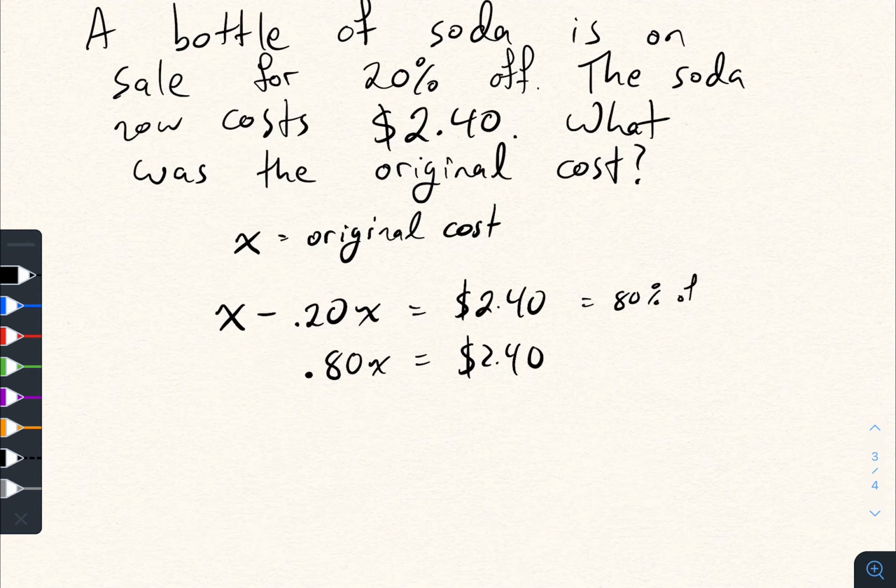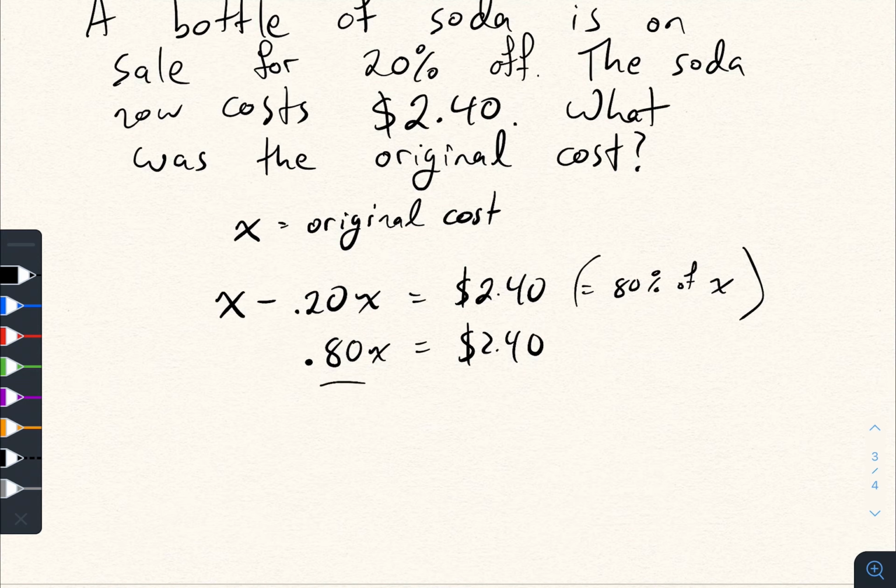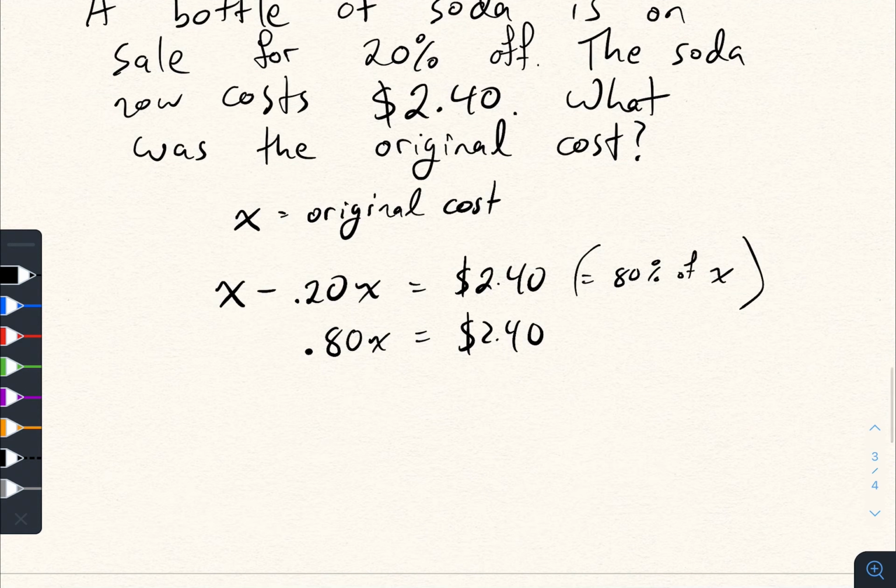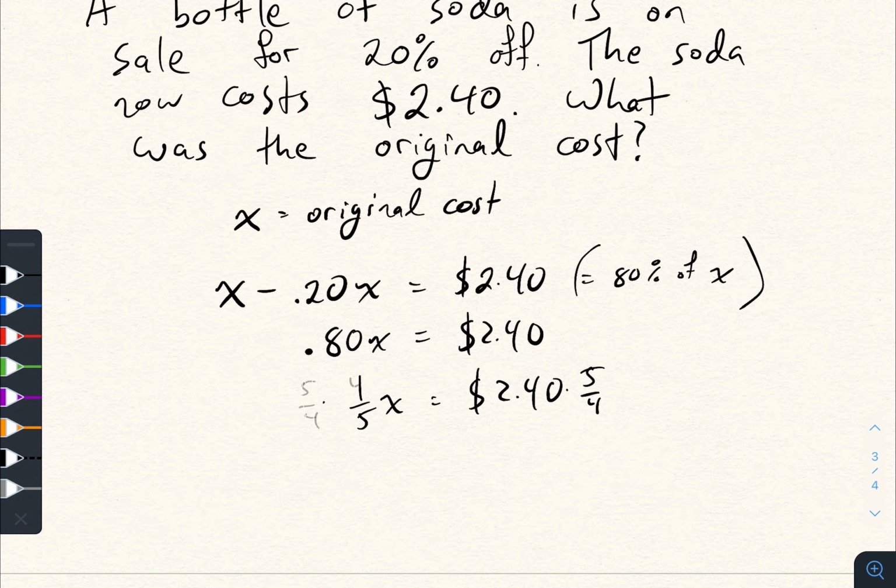So this is 80% of X, which is 0.80x. Okay, and if you want to think of this as a fraction, then this is equal to 4/5 of X, which is 2.40, and you could multiply by the reciprocals, so 5/4 times 4/5 or whatever. So this is always going to get you there.